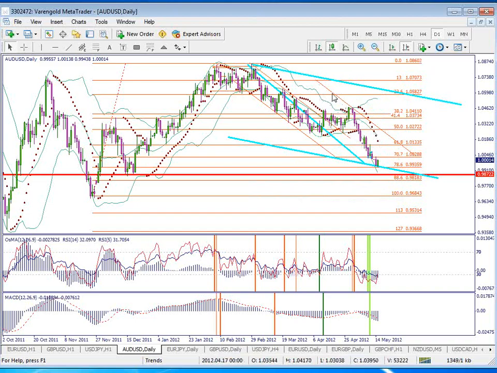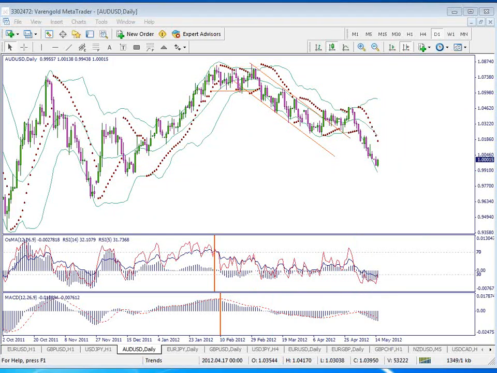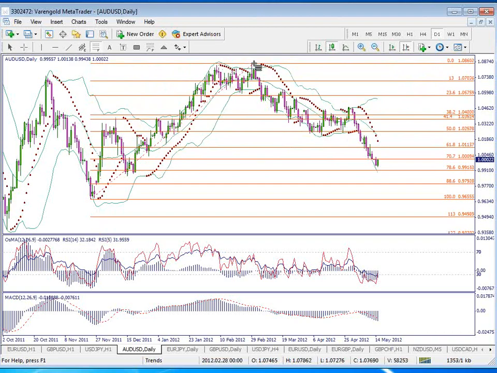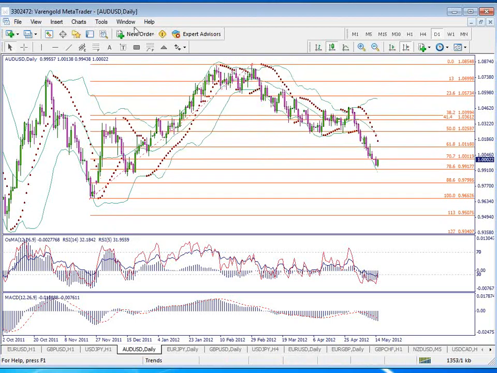And just let me clear the image. Because now we have something like a channel. So it was that Fibo that is important. And we have the channel.